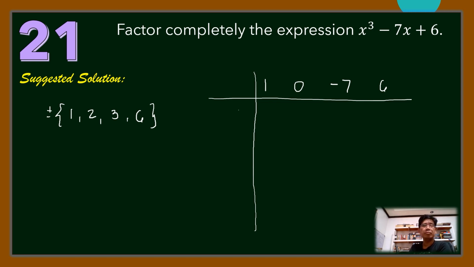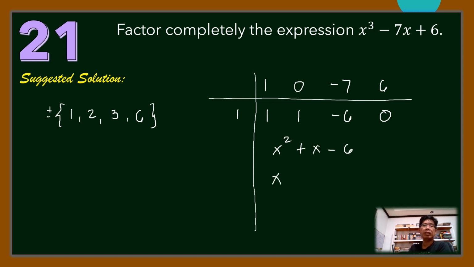Let's begin with positive 1. So we have 1 times 1 is 1 plus 0. Negative 6 times 1 is negative 6 plus 6 is 0. Therefore, 1 is one of the roots, and then we have x squared plus x minus 6.